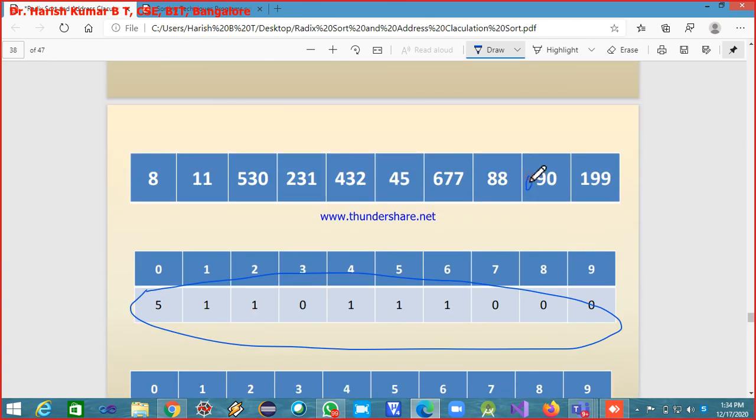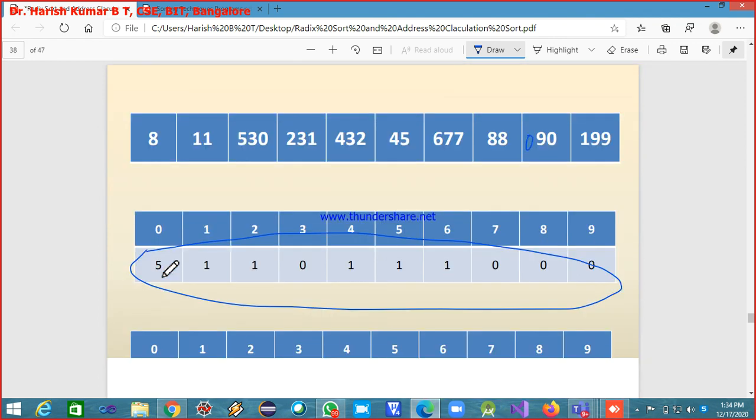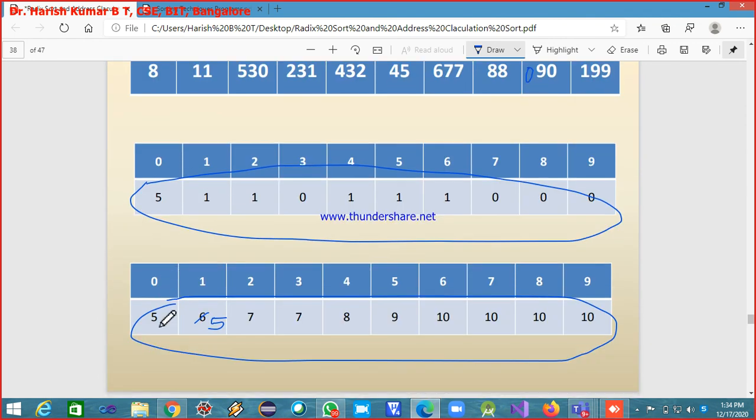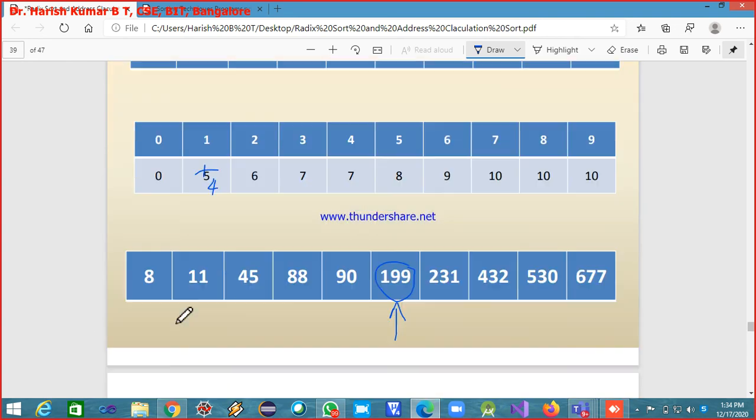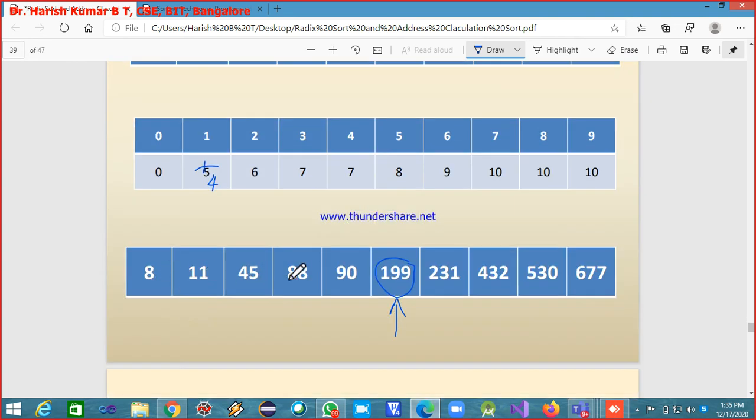So 90 has got 0 in the 100th place. If I come to the cumulative count, it is decreased by 1 and becomes 4. That means 90 takes the position 4. Where is it? Here. 0, 1, 2, 3, 4. 90 is in the position 4.